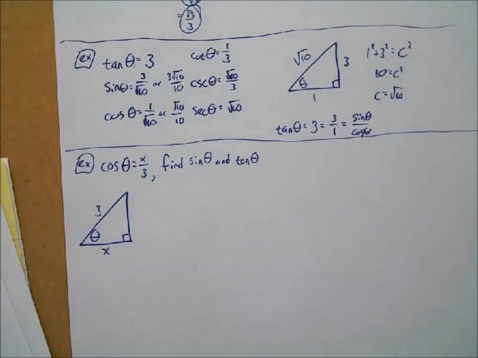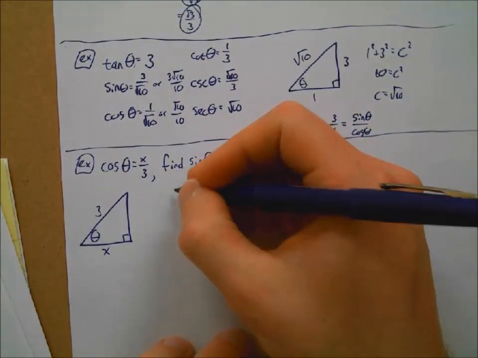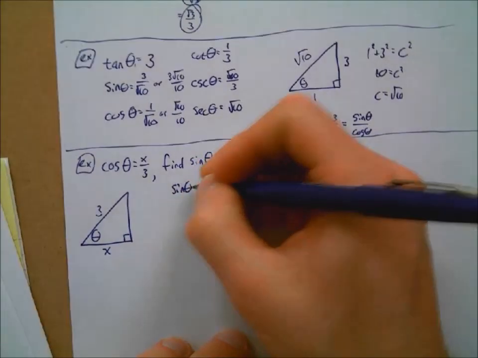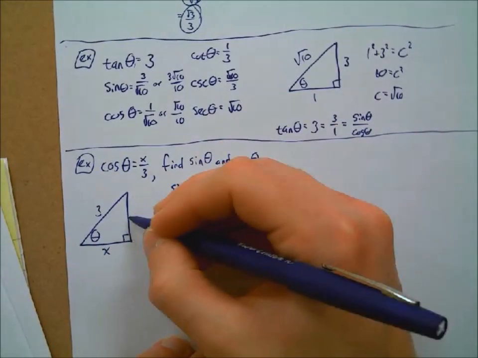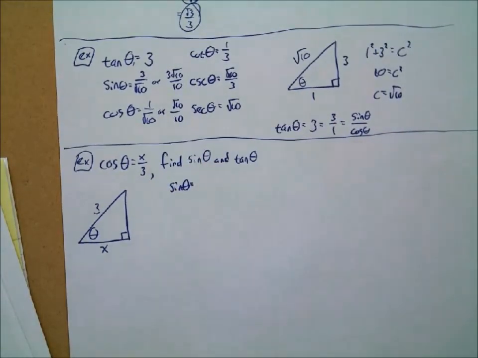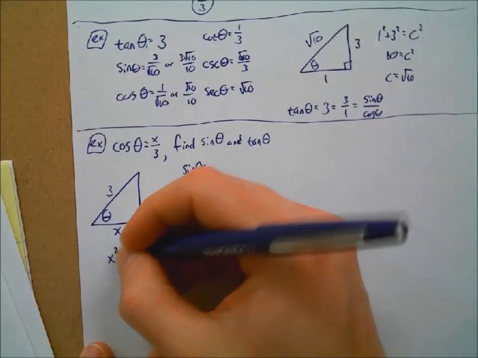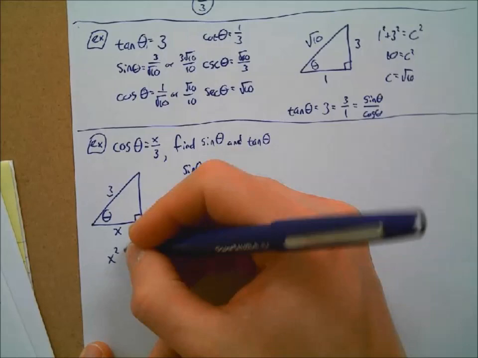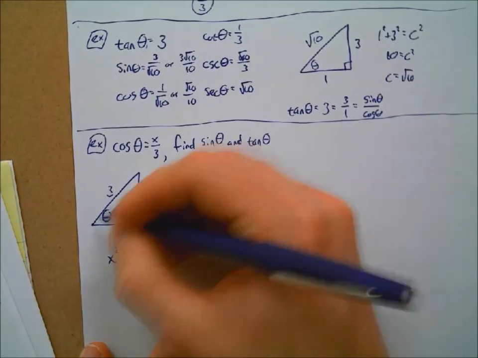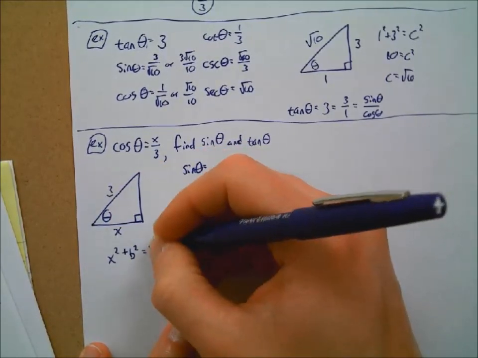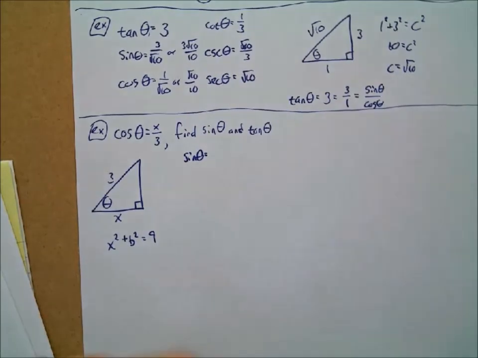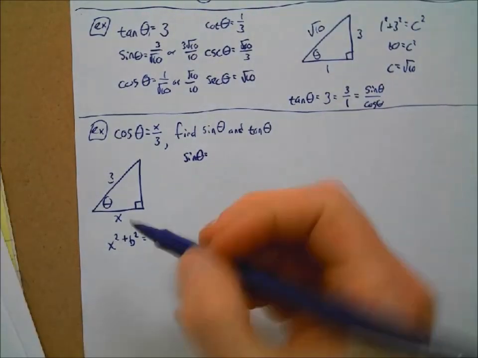If we want to find sine of theta, that's equal to opposite. We don't know it, but how can we find it? Pythagorean theorem. So be careful how you set this up. We're going to do x squared for the leg. I'm going to call this leg b, so b squared for that leg squared, and then the hypotenuse is 3 squared, or 9. What variable am I solving for here?